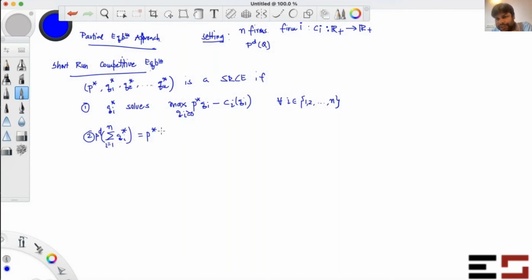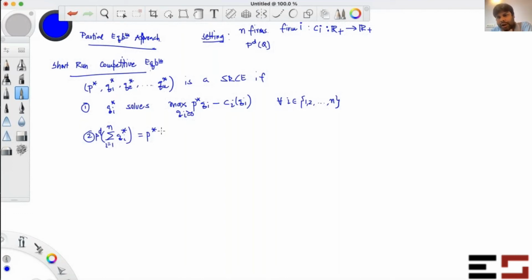Each firm maximizes profit at price P star by choosing qi star, and the total supply at price P star must be such that this pair must also lie on the demand curve. Have you all understood this?